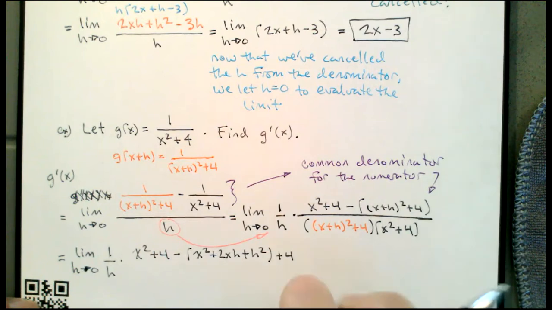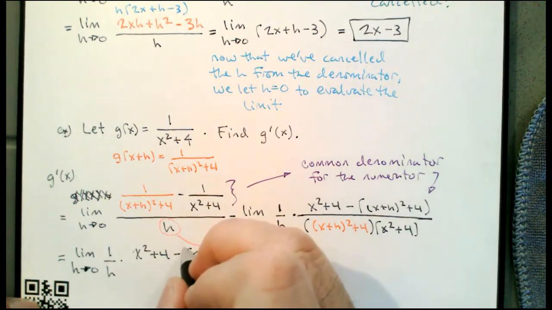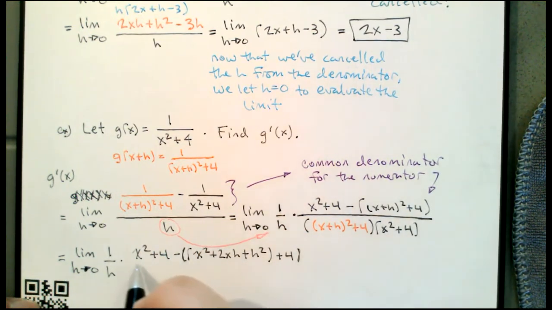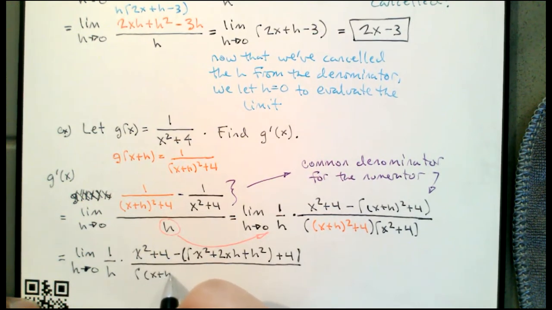I'll just put more parentheses. And we still have our common denominator of (x plus h) squared plus 4, and then x squared plus 4.